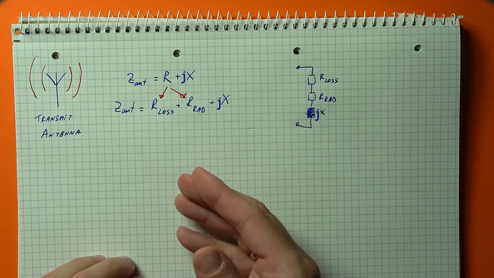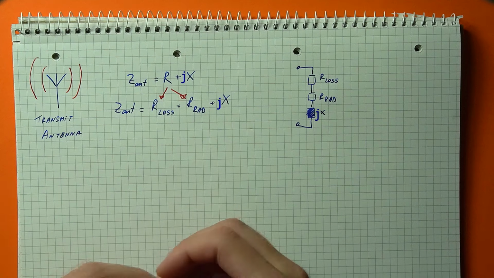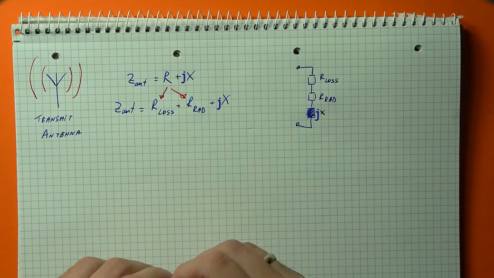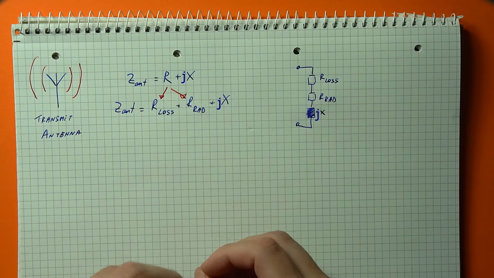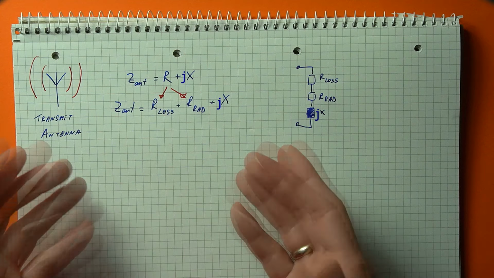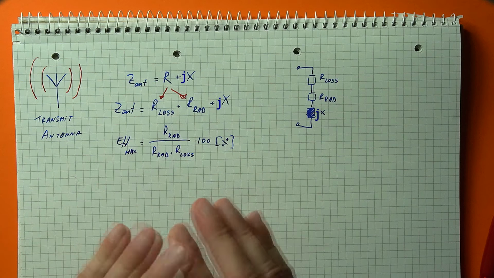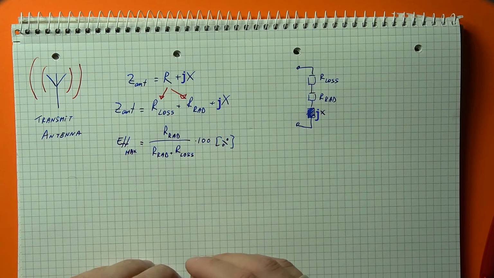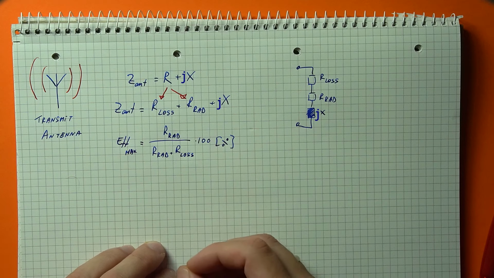Whereas for the other parameter, the loss resistance, well, the antenna itself is built from real, lossy materials, so the loss resistance is highly dependent on what the antenna is built from. And the energy dissipated on this is wasted in the form of heat. This separation is important since this shows that even if you have a perfectly matched system, your antenna efficiency will be limited by the loss to radiation resistance ratio.